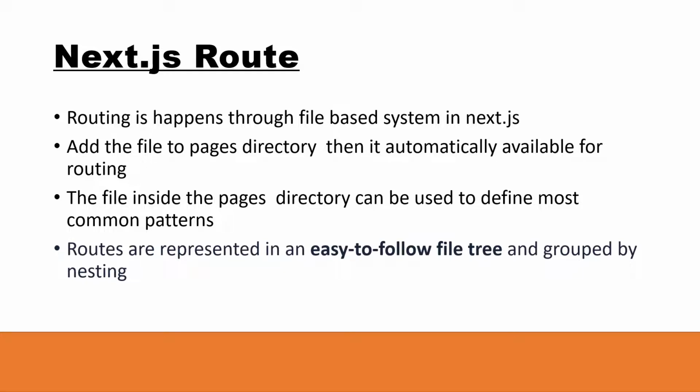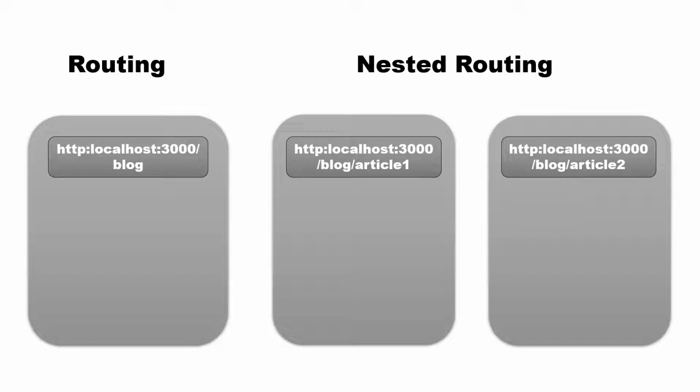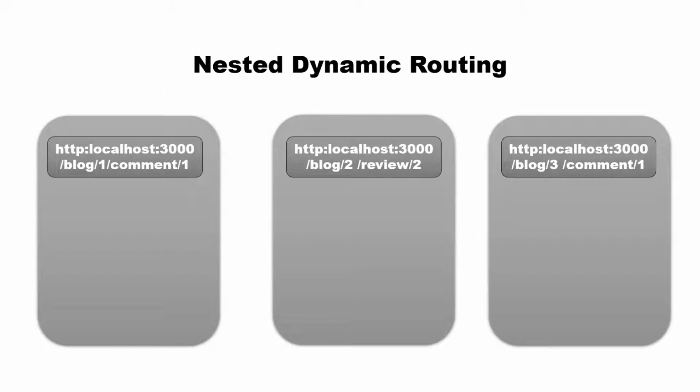So we have discussed a lot about routing in the previous few videos, so I'm ignoring routing and nested routing here. But nested dynamic routing and catch-all routing are both similar, and catch-all is the evolved version of nested dynamic routing.